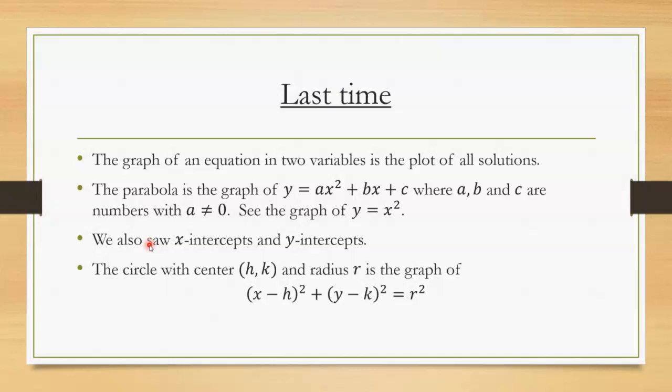Ordered pairs of real numbers were solutions to equations in two variables. It was a step up from 1.1, if I remember correctly, where we had equations in one variable and only numbers were solutions.